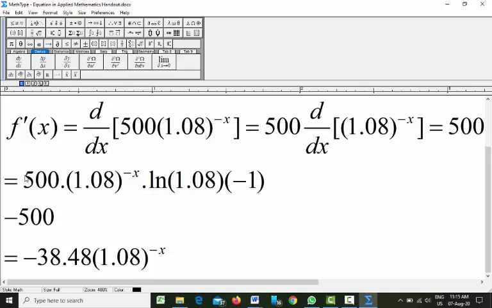If you multiply this minus 1 with this 500, you will have minus 500, and then we will multiply it with this ln 1.08. That means after you press minus 500, press the ln button in your calculator, and then press 1.08, and then press equal.